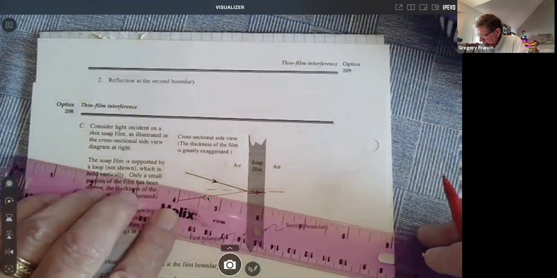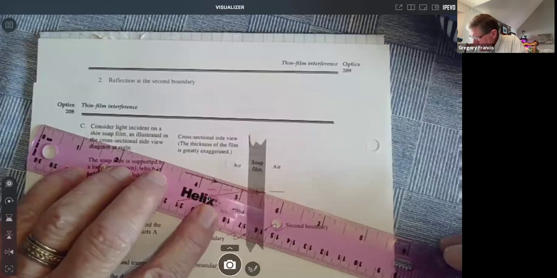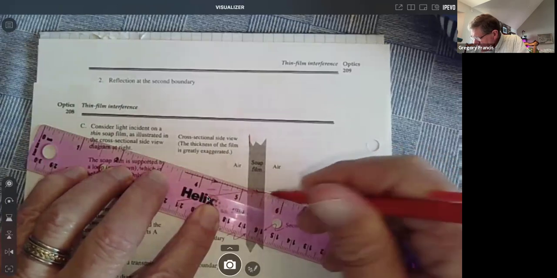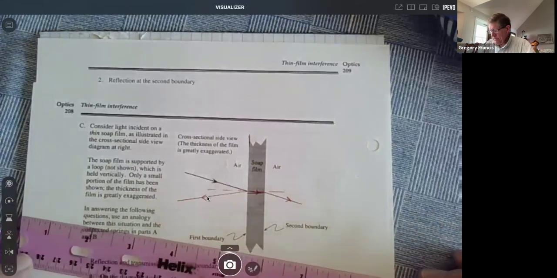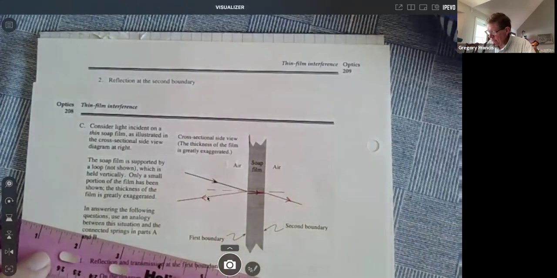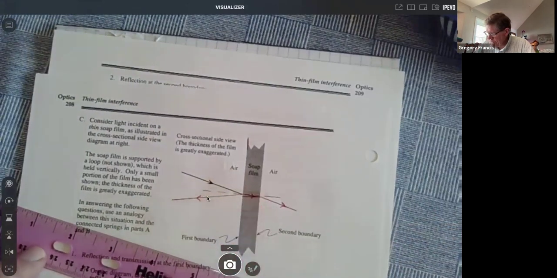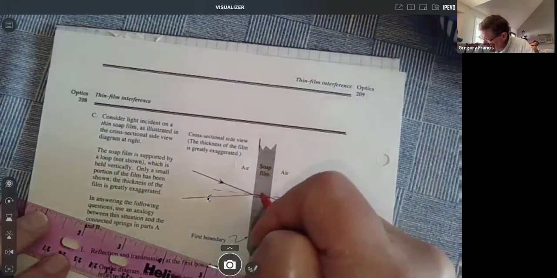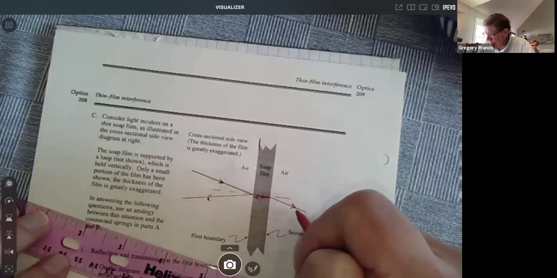And then when it goes into the air, we let that bend away from the normal. And it doesn't take much in the way of reasoning to see that if these two sides are parallel to each other, these two rays will be parallel to each other. And so I've got a reflected wave here and a transmitted wave here.